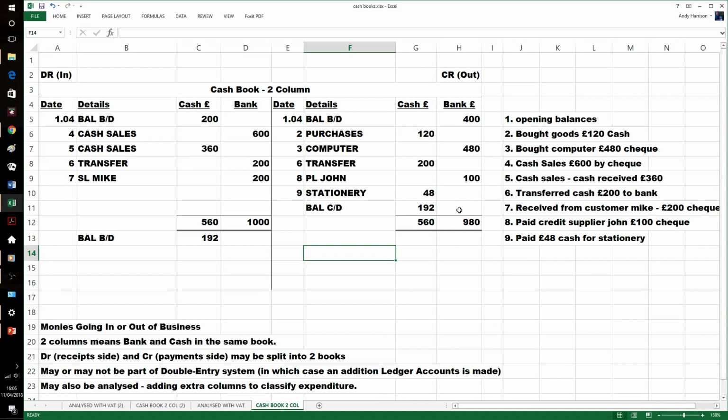However, conveniently we've now got money in the bank, albeit only £20. No formula needed for that one, but that's better than having a £400 overdraft. So that is an unanalysed, straightforward, no VAT cash book, just recording in and out, suitable for a very small business, although most businesses would want to start analysing it after a few transactions.